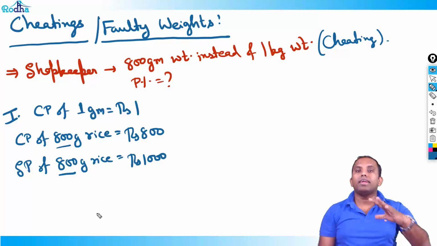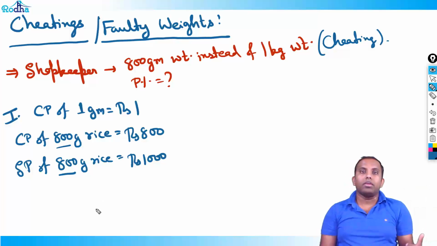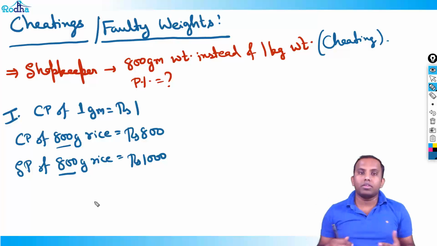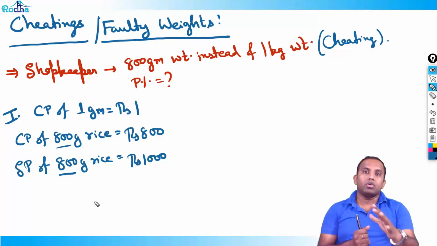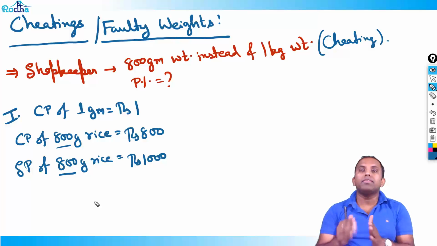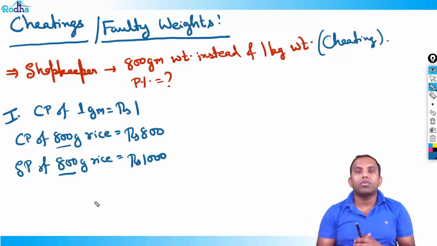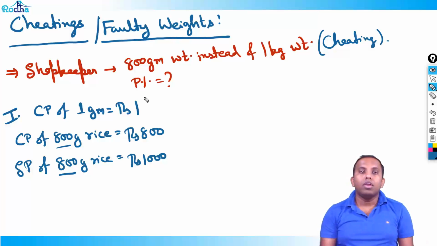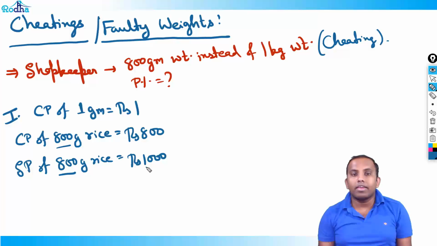Because he's selling at the cost price to the customer, but he's cheating by 200 gram. To the customer he's selling at the cost of 1 kg, but he's actually selling 800 gram. So he's actually taking 1000 rupees from the customer, selling 800 gram rice at 1000 rupees.